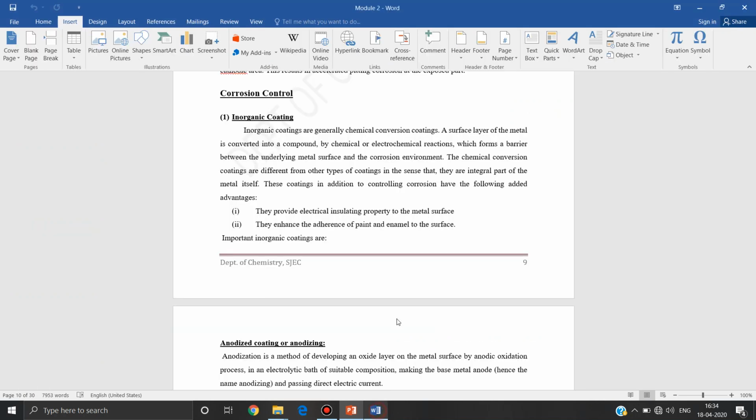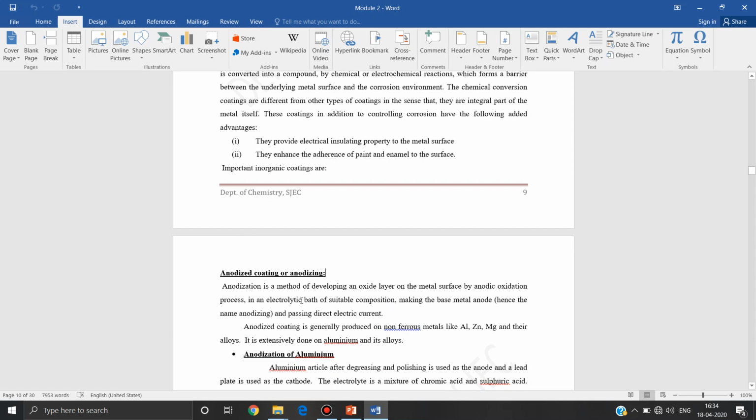In the case of anodization, it's a method of developing an oxide layer, as I told earlier, on the metal surface by the anodic oxidation process. Here aluminium will be taken as anode and a separate cathode will be taken.